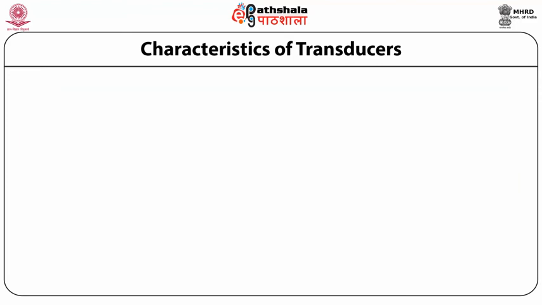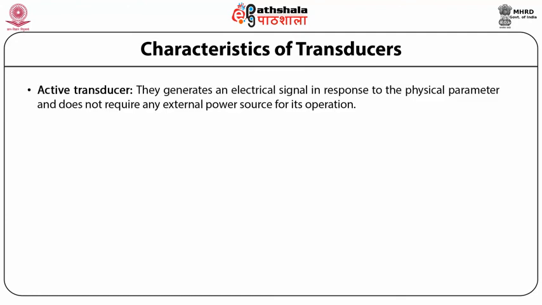So there are two types of transducers, active and passive transducers. Active transducer, which generates an electrical signal in response to the physical parameter and does not require any external power source for its operation.